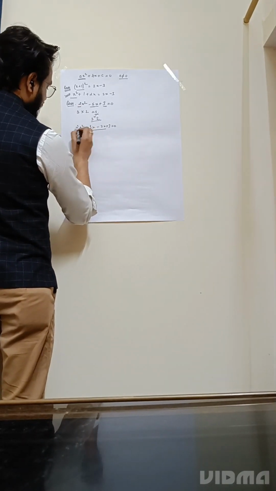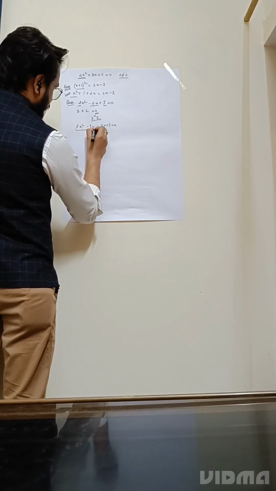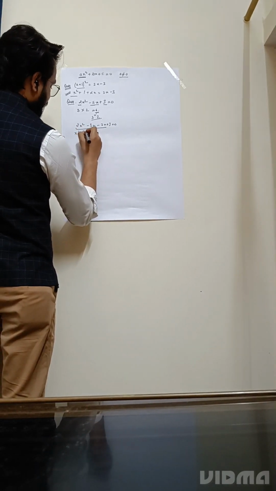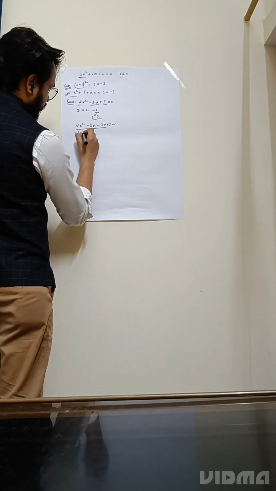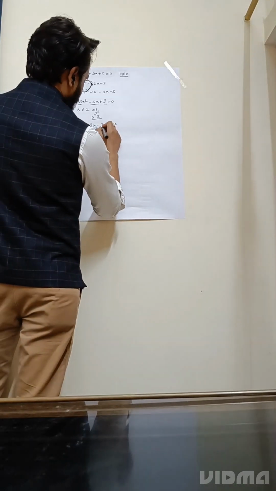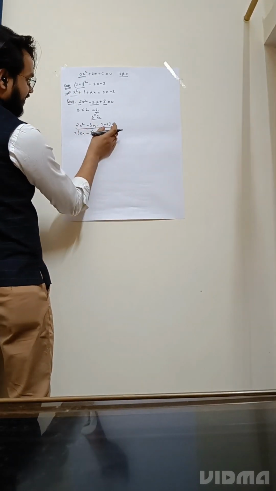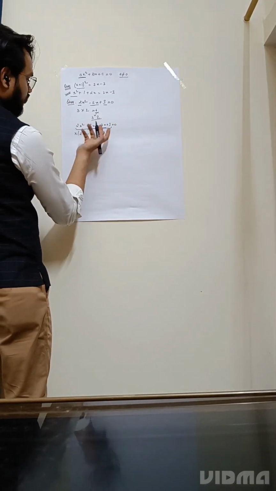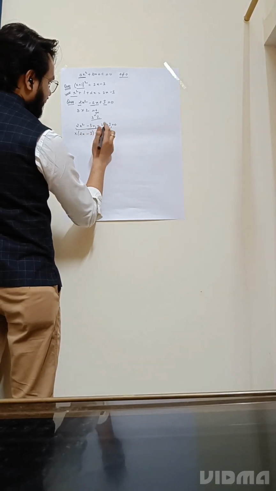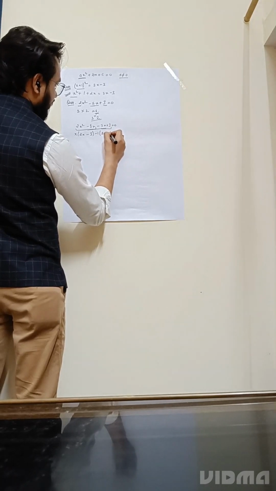Now in the first two terms we can take out x as common, x into 2x minus 3. In the last two terms there is nothing in common, so we just take out 1. So this term will be minus 1 into 2x minus 3.